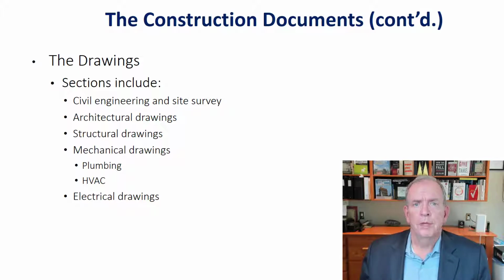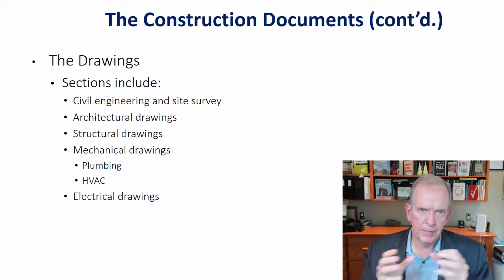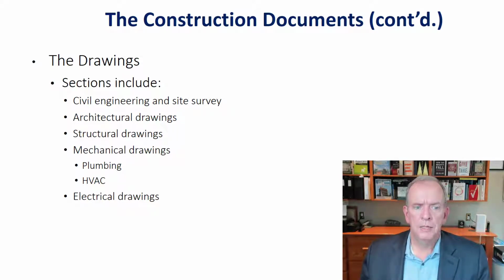But in larger projects, commercial projects, institutional projects, condominium type projects, civil projects, you're going to have numerous drawings. You're going to have the architectural drawings, and you're going to have the structural drawings. You're going to have mechanical drawings. You're going to have electrical drawings. You're going to have landscaping drawings. There's going to be a number of drawings that would be required.